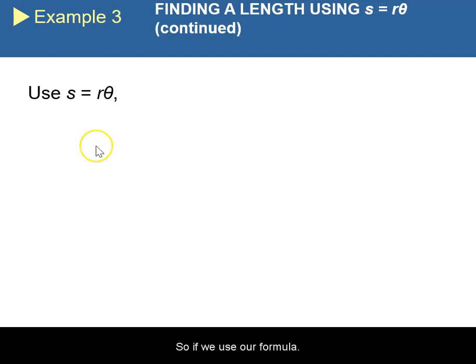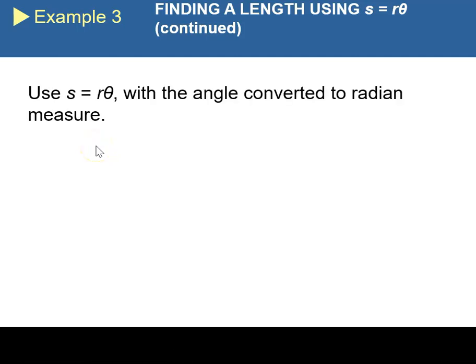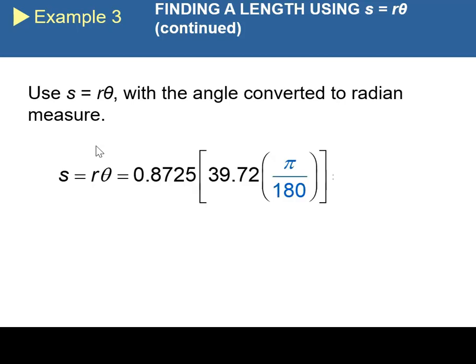So if we use our formula, we first, of course, need to convert this into radians. We can just plug it all in at once instead of doing it in pieces. So I have my radius, and I have my angle in degrees being converted into radians at the same time. Now it's just one problem that I can plug into my calculator.